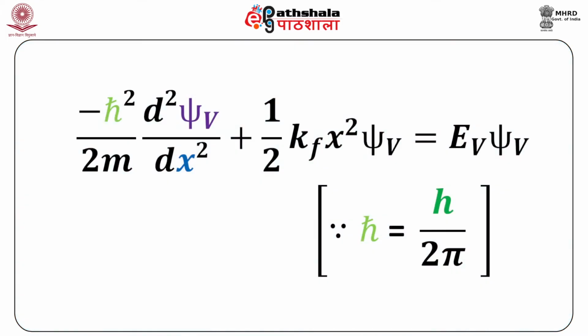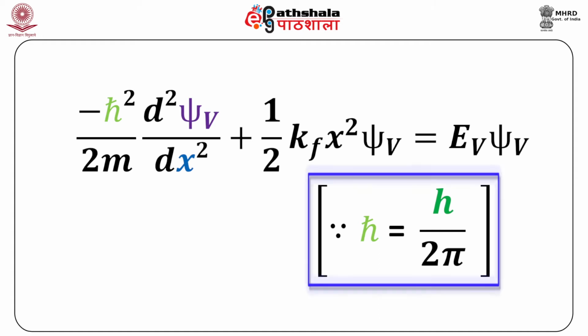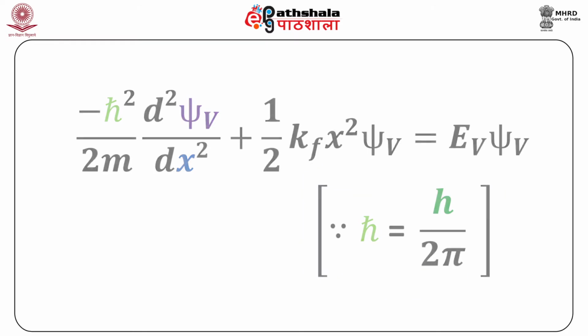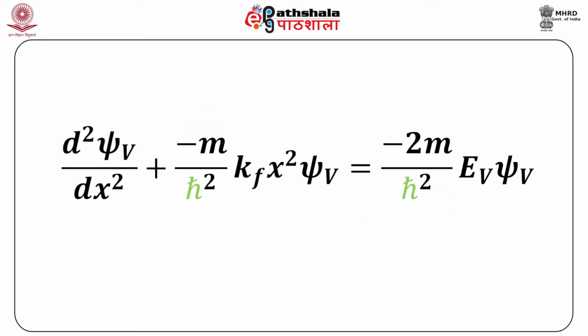So as you can look at this equation, we make a few substitutions, like we put h cross is equal to h upon 2 pi and then multiply this equation by minus 2m by h cross squared, so that we get this equation, which is d2 psi v by dx squared plus, in parentheses, minus m upon h cross squared kf x squared psi v, is equal to minus 2m upon h cross squared Ev psi v.